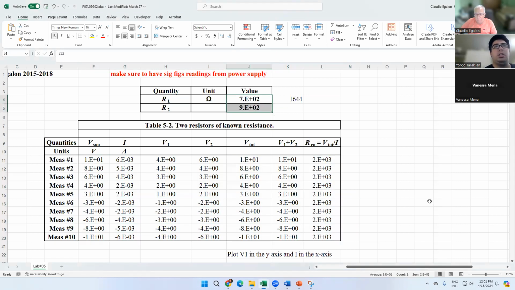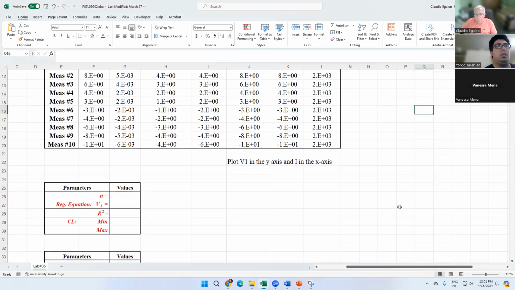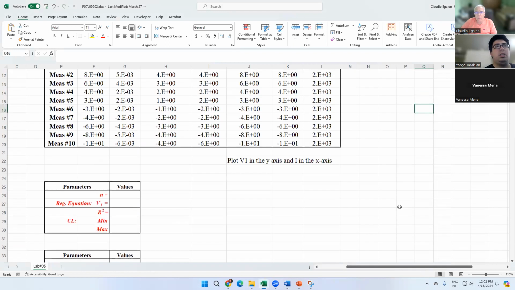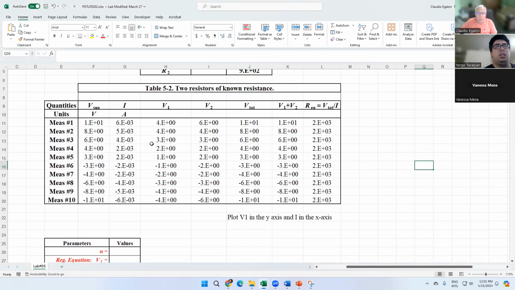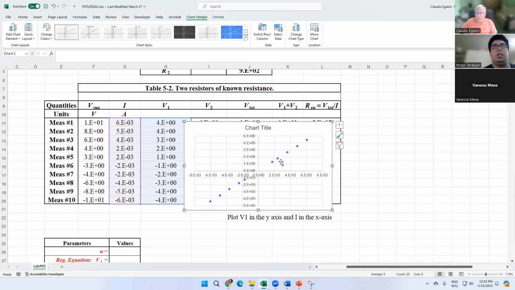What's your question? My question is for my graphs. Once I plug it in, my regular equations show up in scientific format as well. Okay, let me see. We plotted this one, for instance, right? Insert graph, right?